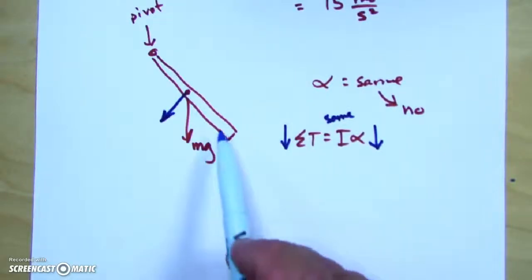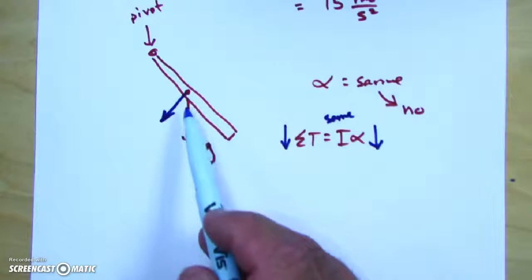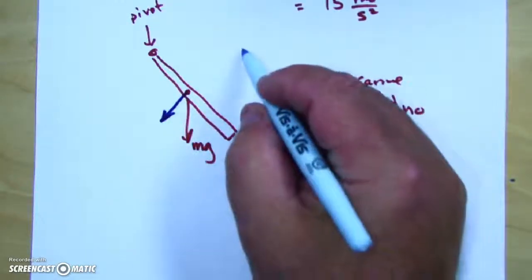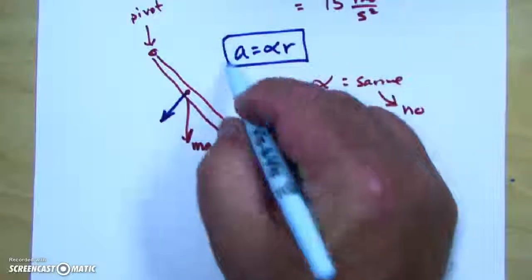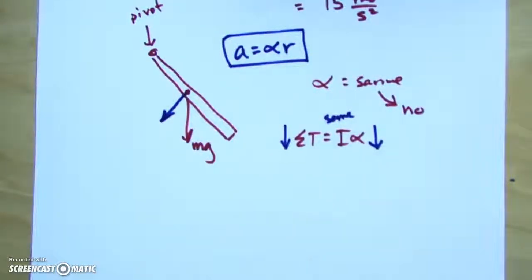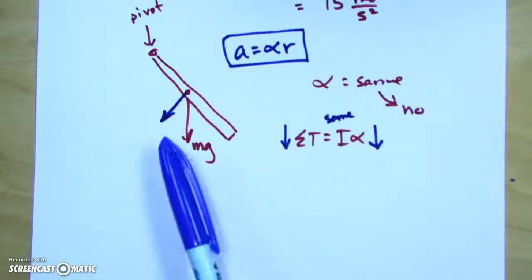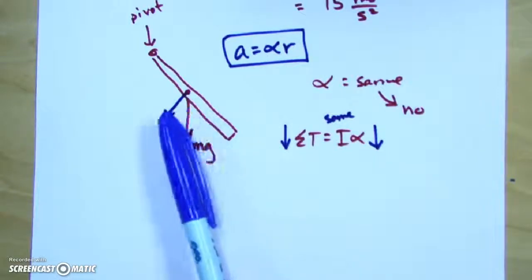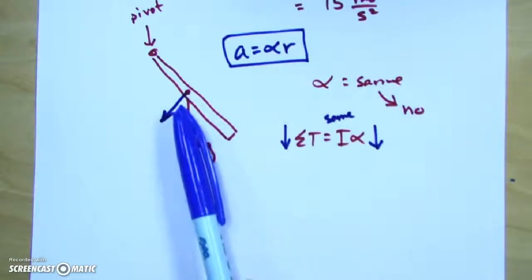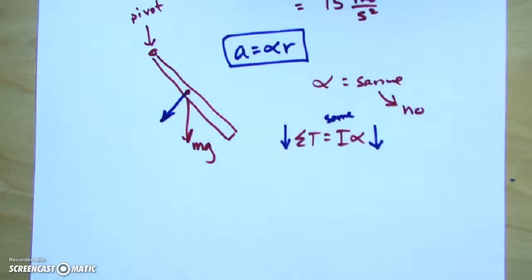Now, you can calculate linearly how fast these points are moving by using our bridge equation. A is equal to alpha times r. That's a bridge equation to allow you to go from the linear world to the rotational world. So the key thing is, as it happens, the rotational acceleration is going to be less. More on this later and in class.